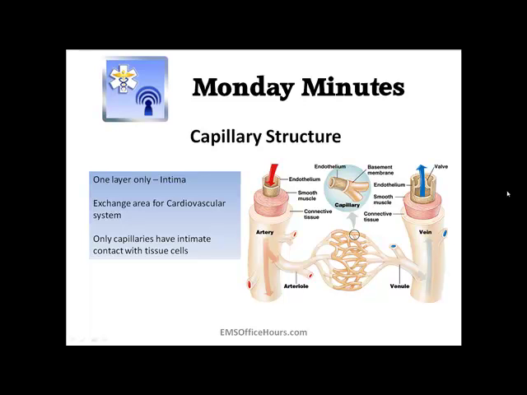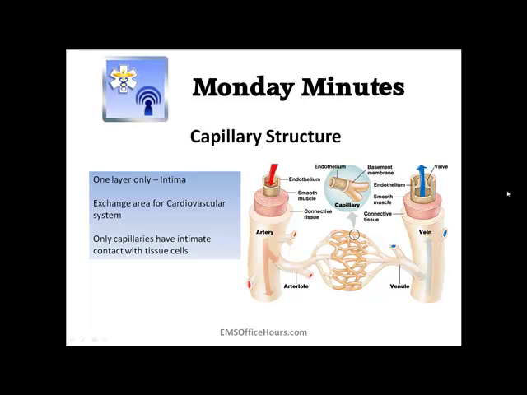Now, what about capillaries? Well, capillaries only have the one layer. They just have the intima, right? And the capillary networks, or capillary beds, are the place where the exchange goes on for the cardiovascular system. This includes internal exchange between the blood and individual cells of the body.